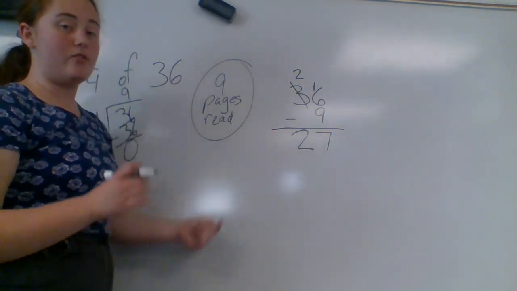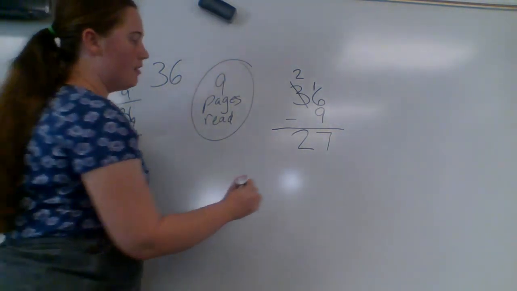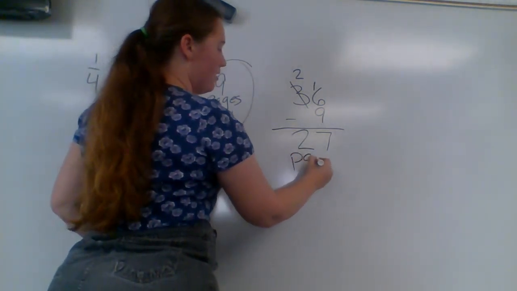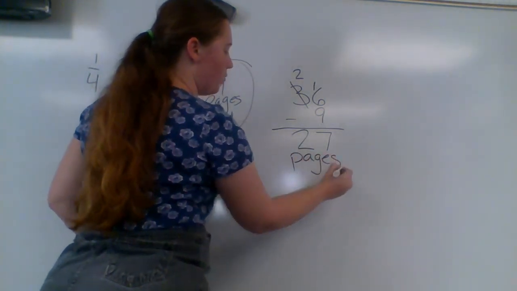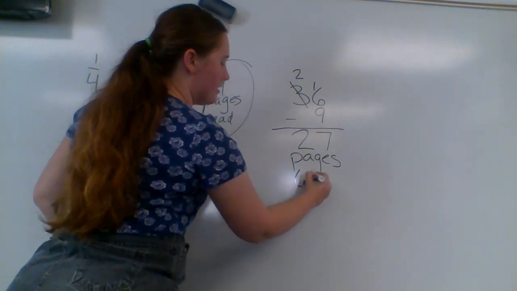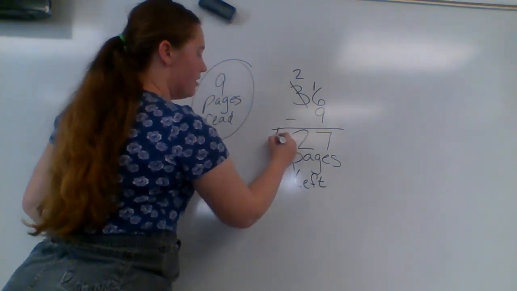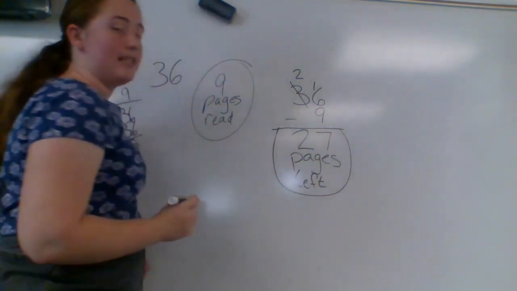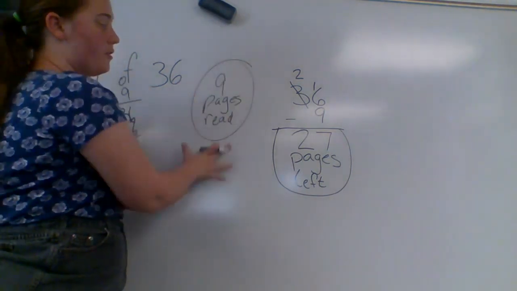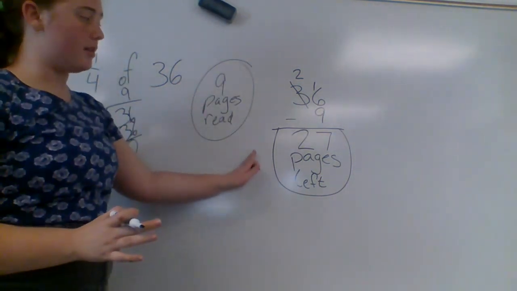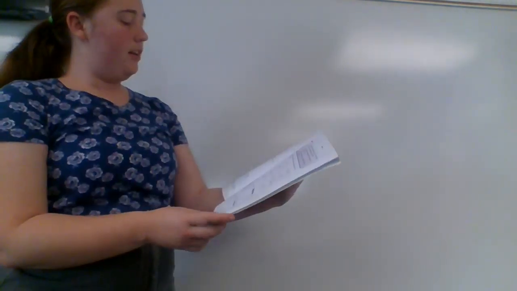So this is how many pages there are left. So we'll say 27 pages left. And we'll say, so this would be your first answer. This would be your second answer. Letter B.